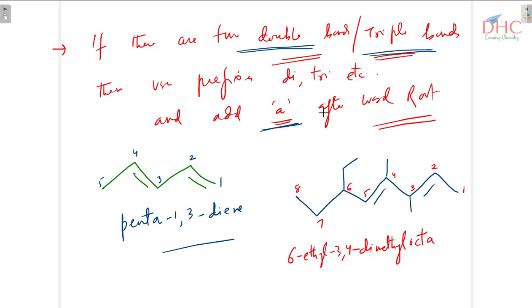I told you add a after word root when there are 2 double bonds or 2 triple bonds. So we have octa, then 2 पे double bond and 4 पे double bond, 2, 4 diene. 6 ethyl, 3, 4 dimethyl, octa 2, 4 diene is the name of this compound.